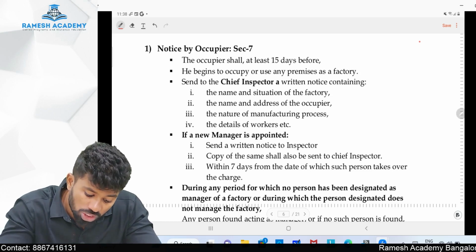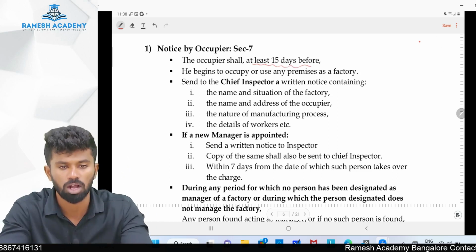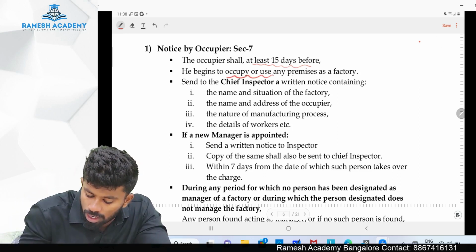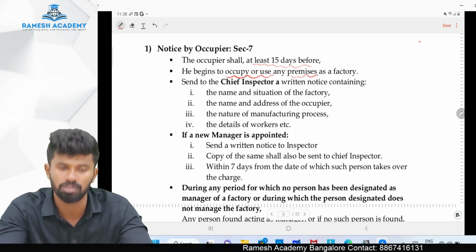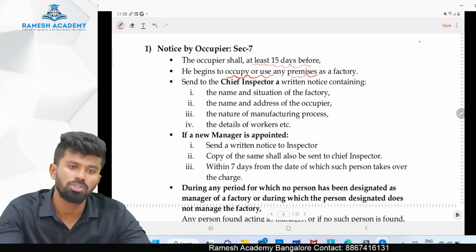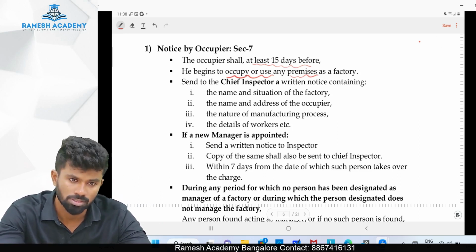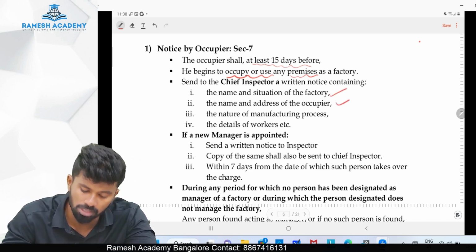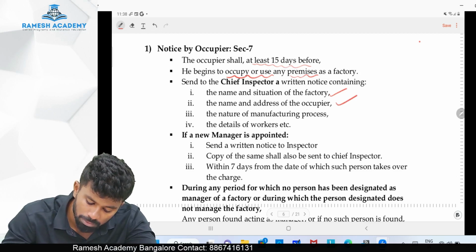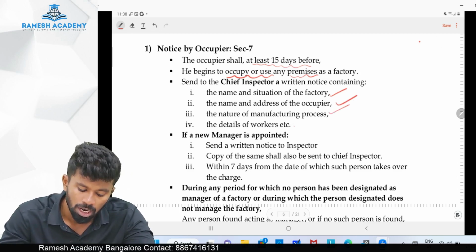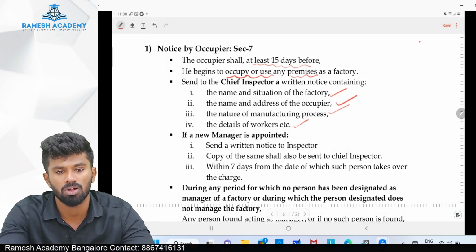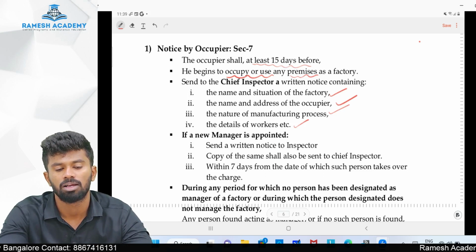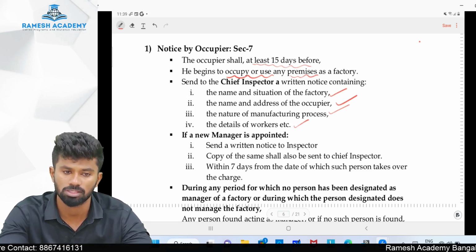The occupier shall, at least 15 days before he begins to occupy or use any premises as a factory, send to the chief inspector a written notice containing the name and situation of the factory, the name and address of the occupier, the nature of the manufacturing process, and the details of workers, etc. All these things have to be mentioned and sent to the chief inspector in a written notice.